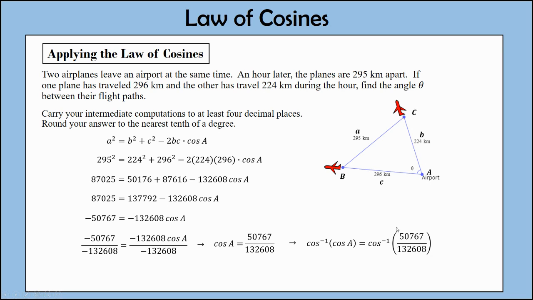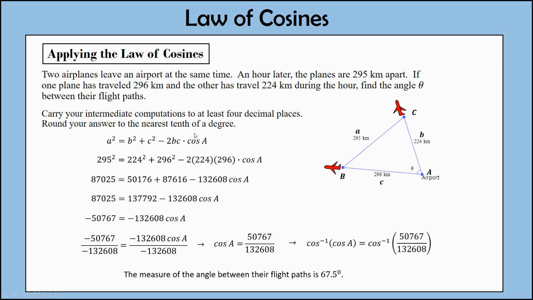So I go cosine inverse, I put parentheses, 50,767 divided by 132,608, close parentheses, hit equals, and you should get a 67.5 degree angle. So the measure of the angle between these two flight paths would have to be 67.5 degrees in order for this problem to work out the way it does.